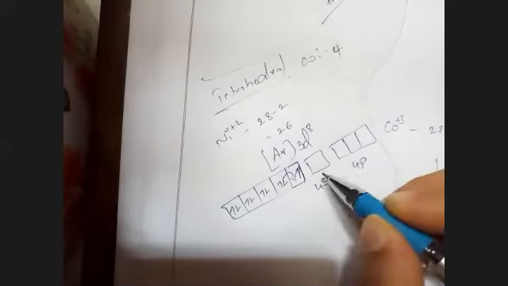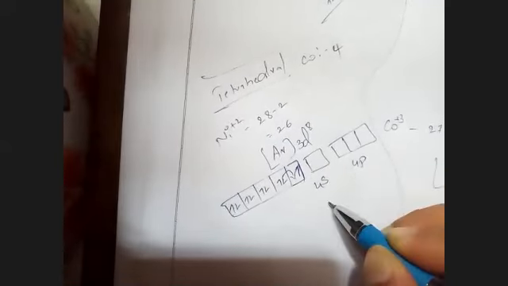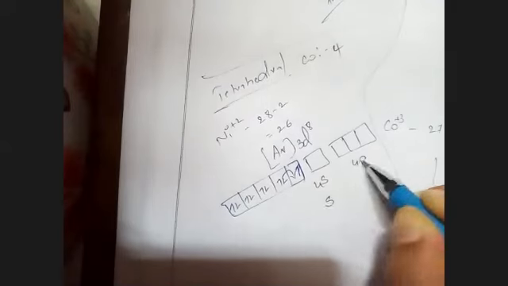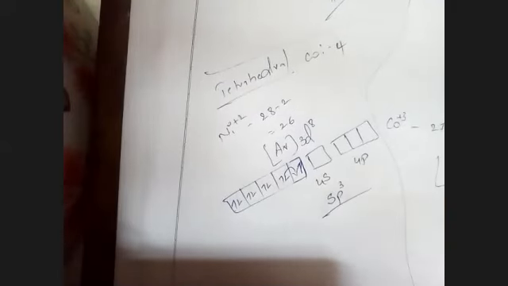So what happened? You have only the empty orbitals in s and p, which has 3. So the hybridization will become sp3. Your tetrahedral compounds have sp3 hybridization.